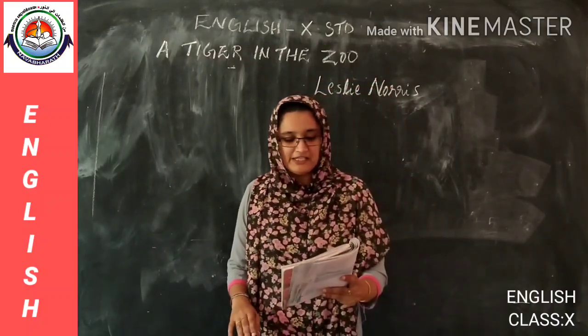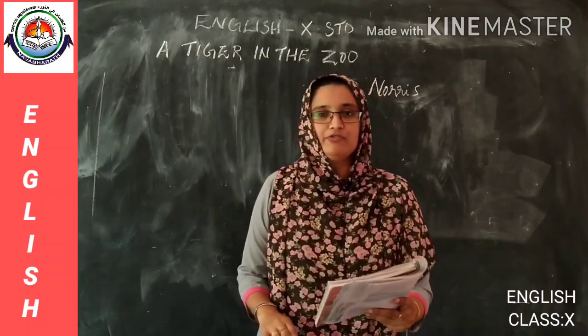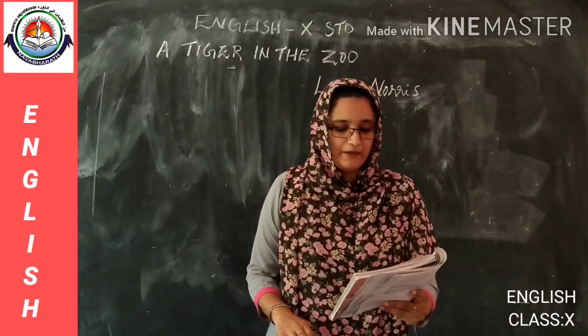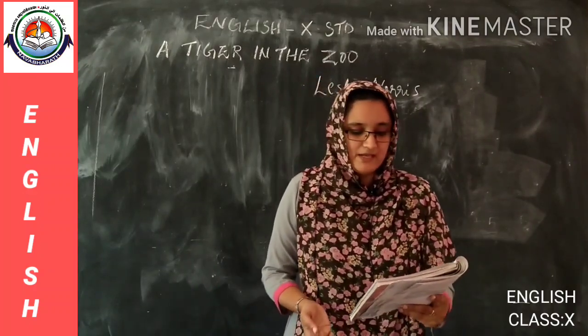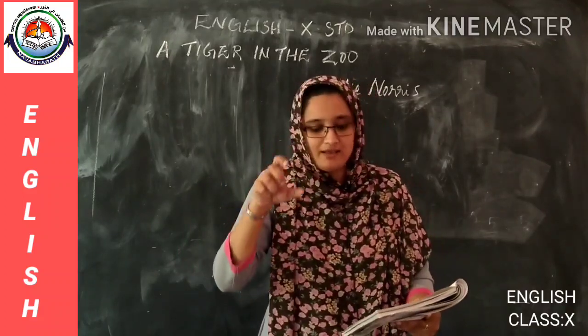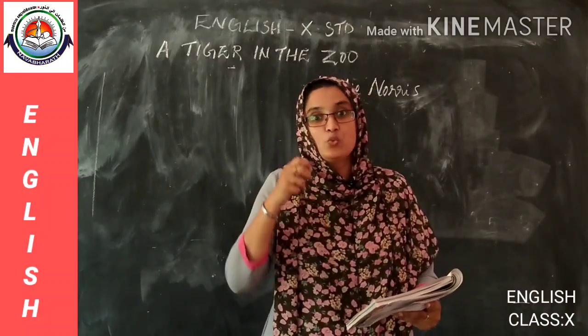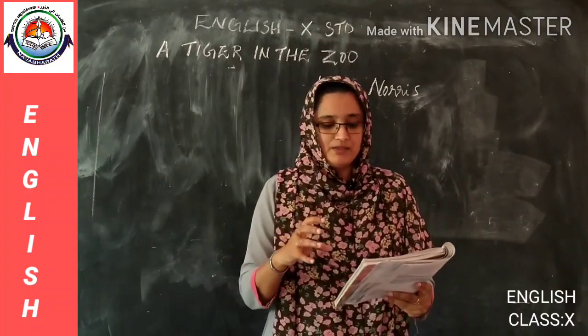And baring his white fangs, his claws terrorizing the village. You see, baring means what? To express. His white fangs, what is meant by white fangs? His teeth, white teeth, by showing his white teeth. And his claws, what is meant by claws?